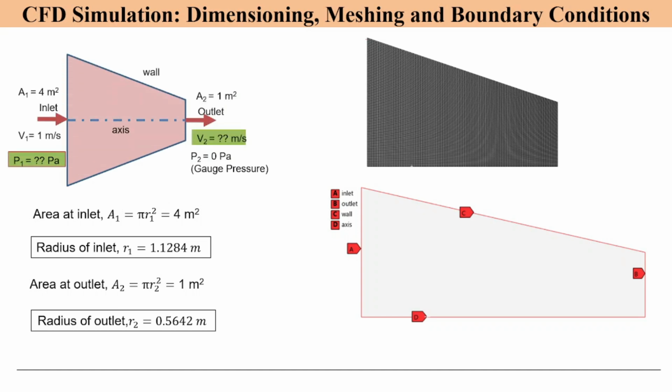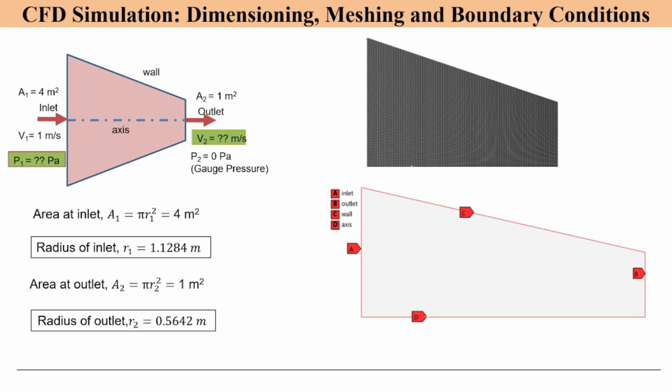It is incompressible and it is inviscid. So instead of defining the complete shape, I am using the axisymmetry option for reflecting the results within the particular domain. So I have this axis.